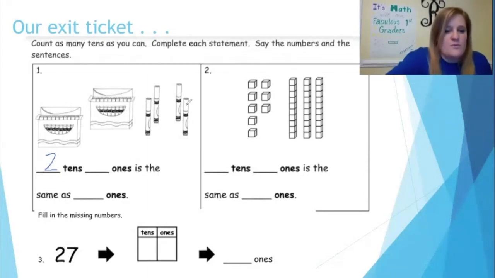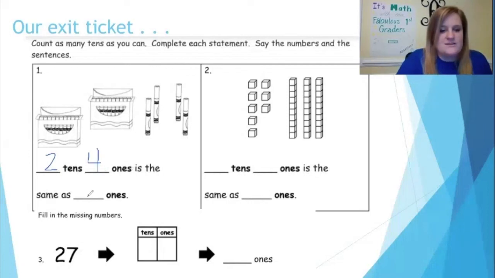So we have 4 ones. So if we're reading this, 2 tens and 4 ones is the same as blank ones. What did you write? Great job. 24 ones. So if we took these markers out of the box and just had all of the markers out, you would have 10 ones here, 10 ones here, plus 4 ones here, which is 24 ones.